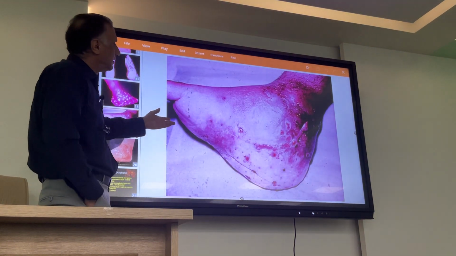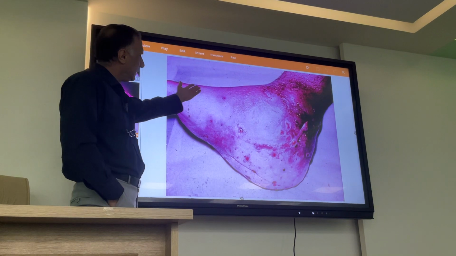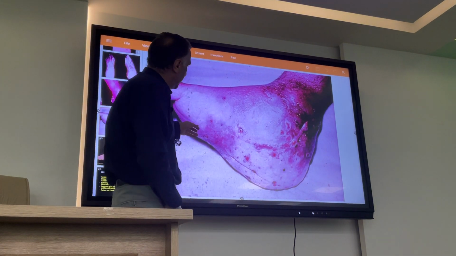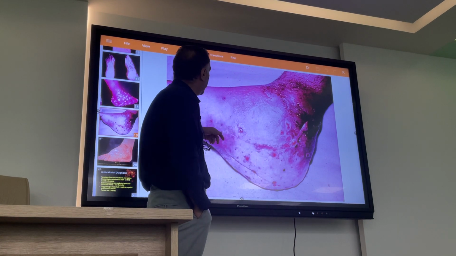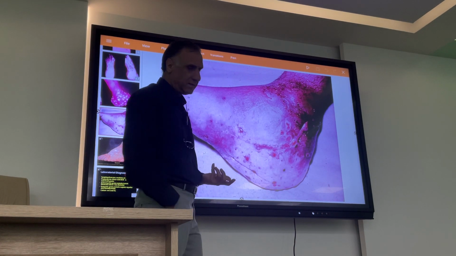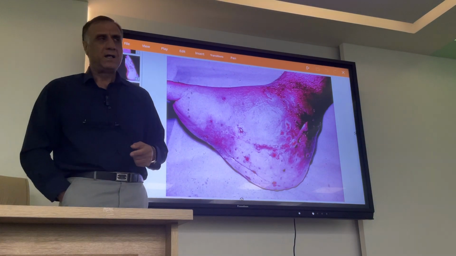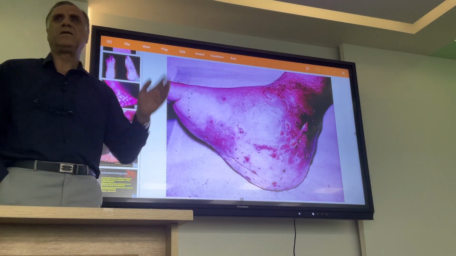In this patient, you see edema, you see sinus tracts from abscesses, and a change in the shape of the limb. What do you think about the treatment of this infection?